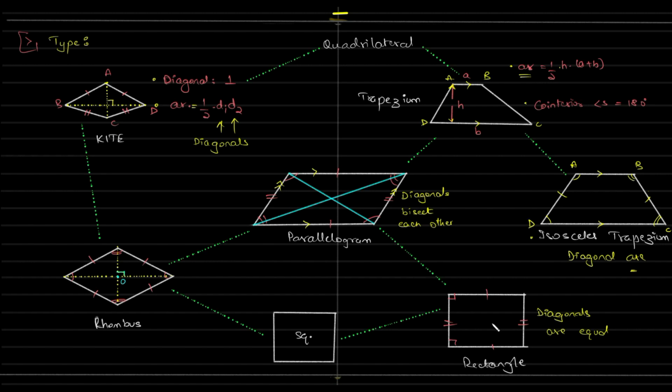Next we have the rectangle, which borrows all the properties of a parallelogram, plus additionally the diagonals are equal and the angles are 90 degrees. So opposite sides are equal, opposite sides are parallel, and along with that, angles are 90 degrees and the diagonals are equal.